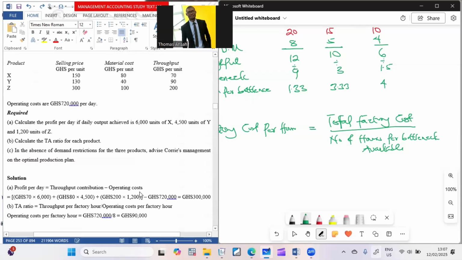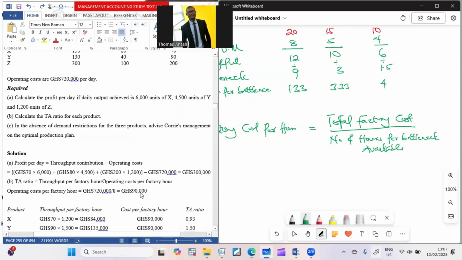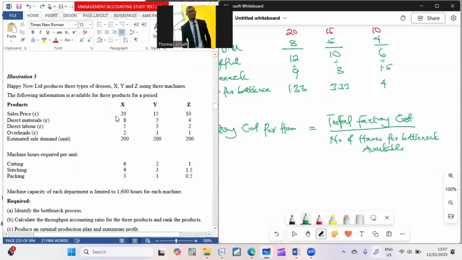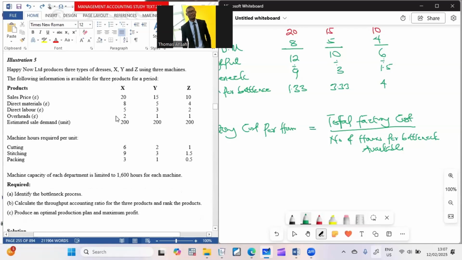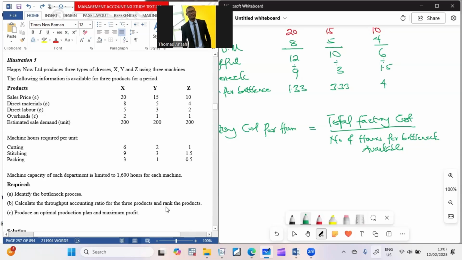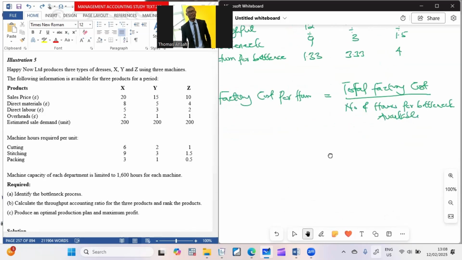Now somebody may have said we've not done the ranking. Of course, if you were doing the ranking, which one will be first? This is 1, 2, then 3. Is that not it? But actually, if you check the question that we are solving, it says that we should use the throughput accounting ratio to do the ranking, and rank the product.